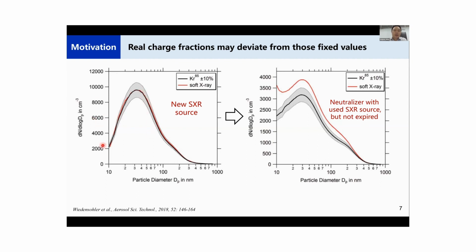What's plotted here is the typical size distribution they measured. However, as the soft X-ray became more aged, while it's not dead yet, so they can still do the measurement, they show that the aged soft X-ray size distributions are way off from the krypton-85 based neutralizer. So that's just one example showing that during real measurement, the charge fractions can change from those fixed values. And this is something pretty worrisome and needs to be addressed.